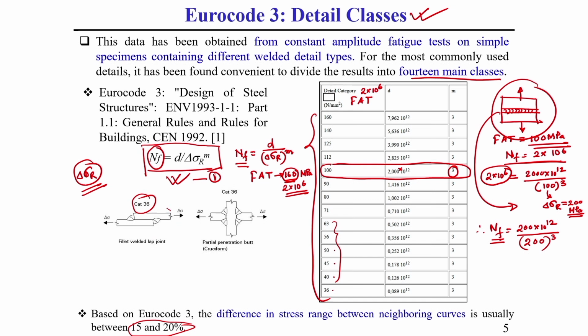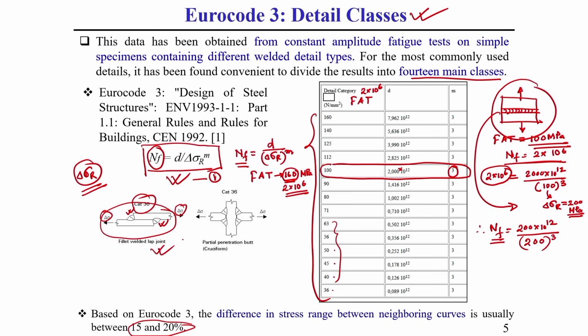So if the weld geometry is like this, that means a lap type of joint, an overlapping joint with double-sided fillet, this is one fillet, this is another fillet, and it is subjected to a transverse load del sigma, then what should be the FAT value is given here.